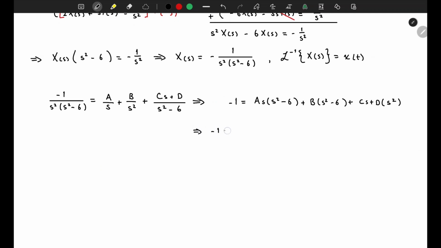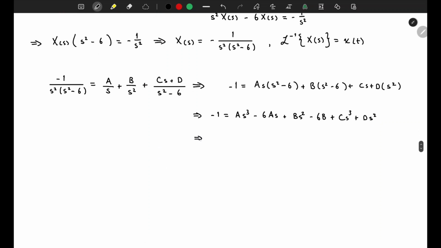We'll get negative 1 is equal to as cubed minus 6as plus bs squared minus 6b plus cs cubed plus ds squared. So we've distributed everything now.